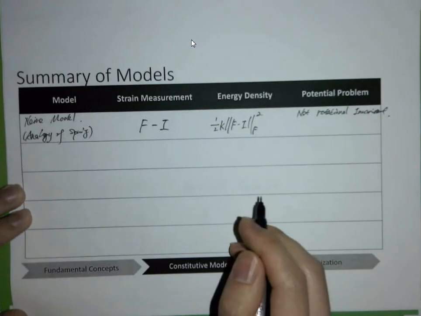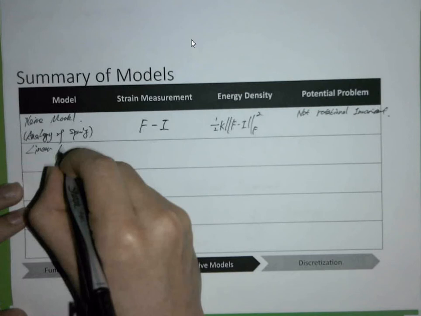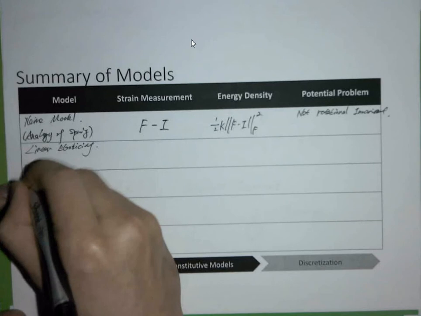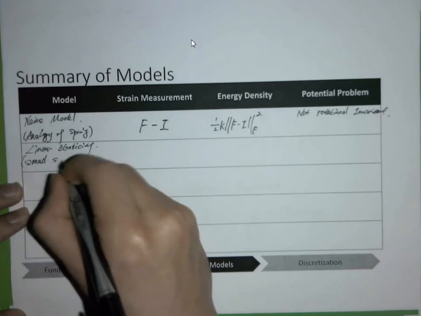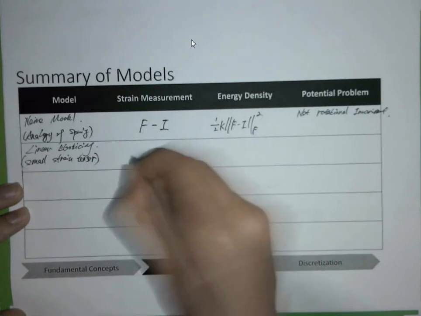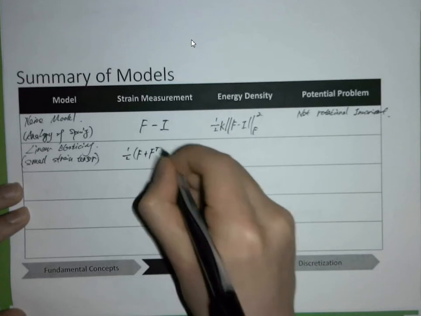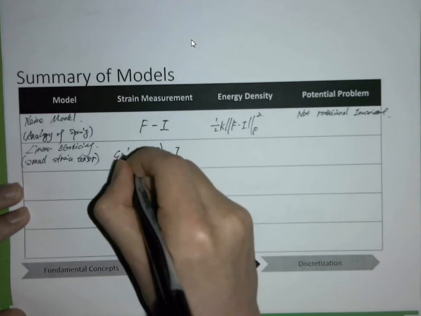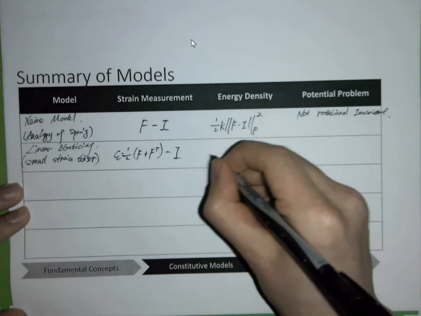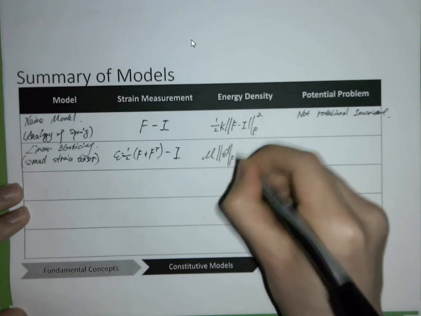And we have a little bit better model. It's also linear elasticity, based on the small strain tensor, where the strain measurement is basically 1/2 of F plus F transpose minus I. And we can measure the energy as mu multiplied by the Frobenius norm of epsilon squared.